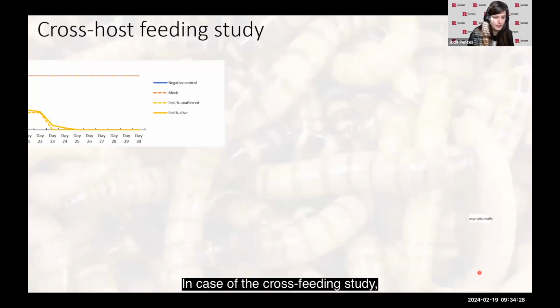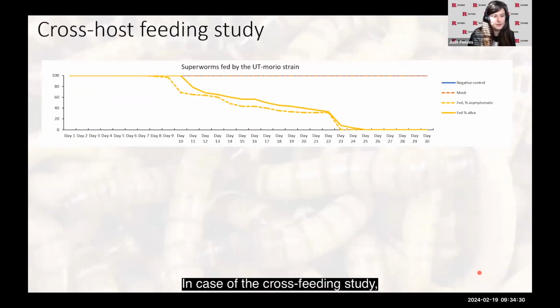In case of the cross-feeding study, where we subjected our healthy superworms to carcasses infected with the virulent Utah strain, superworms died again at a similar interval as they did in the previous experiment.